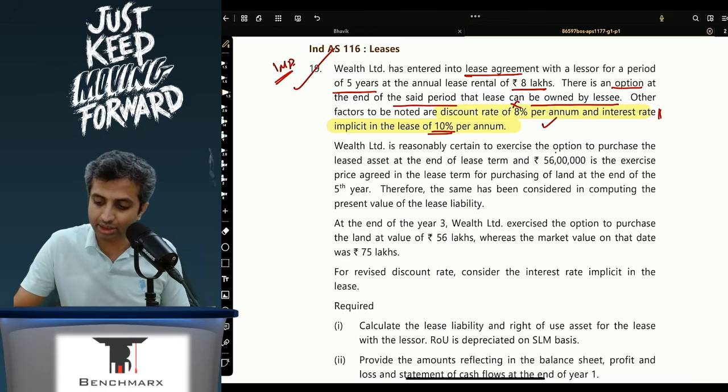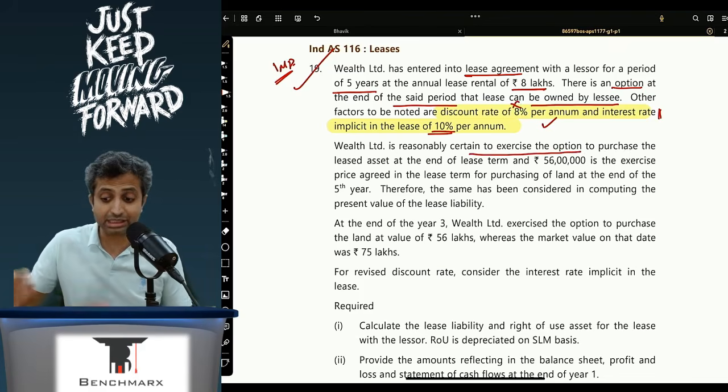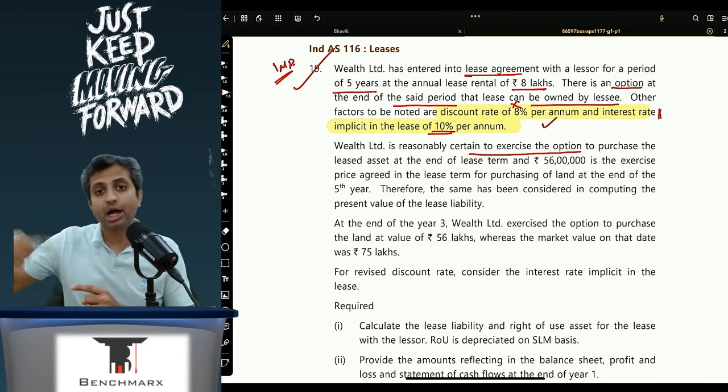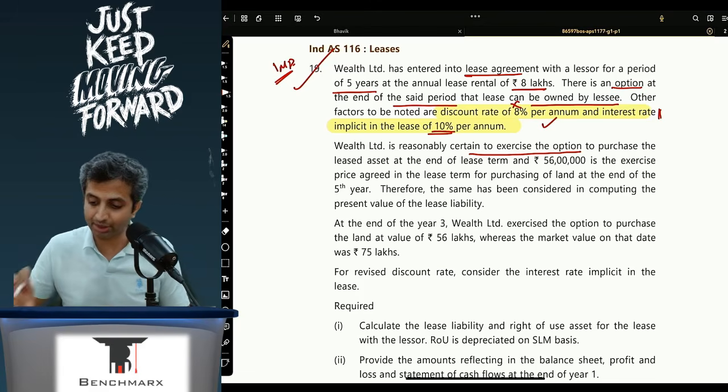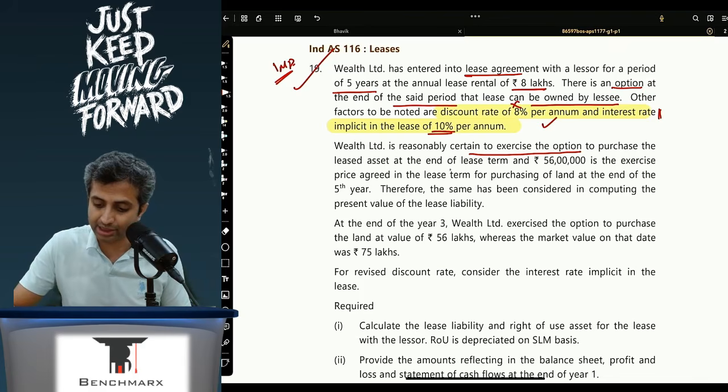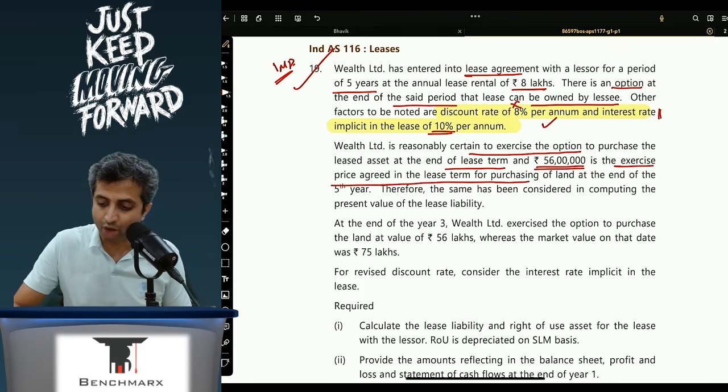Wealth is reasonably certain to exercise the option. In such a case, your lease payment will include the amount that is likely to be paid on the option to purchase the leased asset at the end of the lease term, and 56 lakhs is the exercise price agreed in the lease term for purchasing the land.